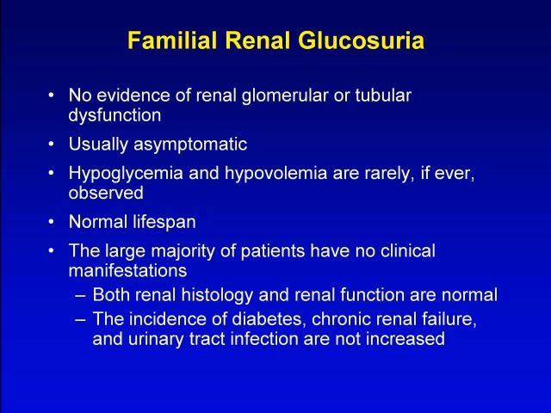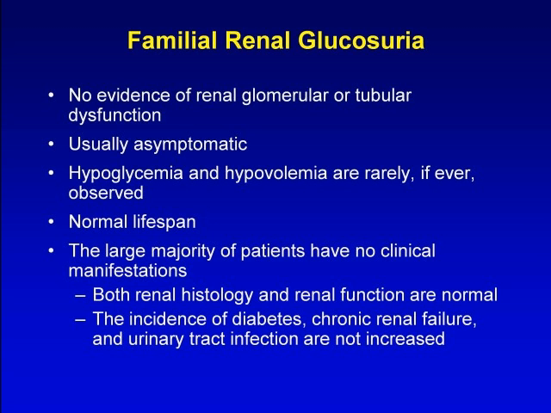So this syndrome, familial renal glucosuria, gives us an opportunity to observe what happens when SGLT2 is absent or blocked. In these patients, there is no evidence of any renal, glomerular, or tubular dysfunction. They're usually asymptomatic.